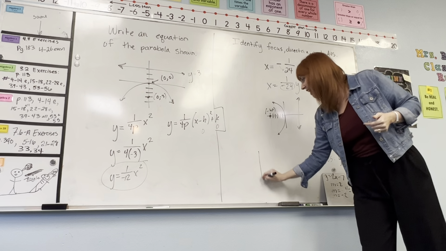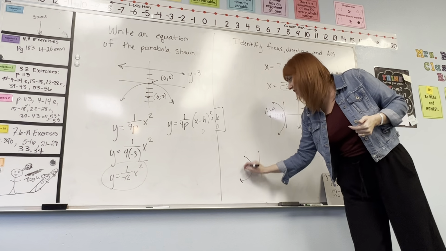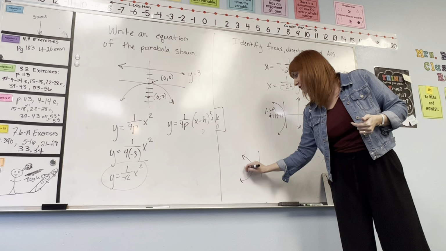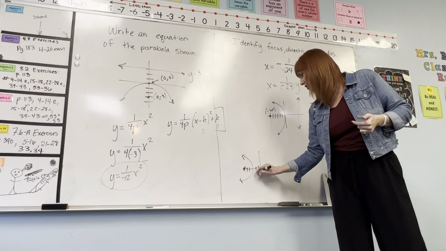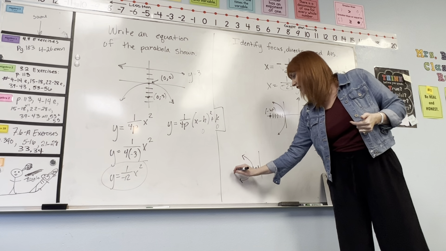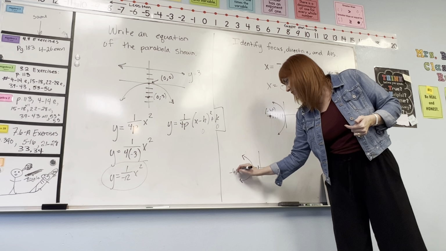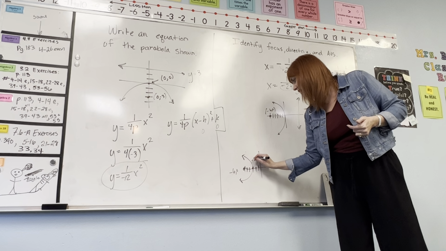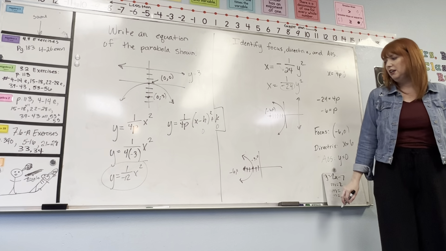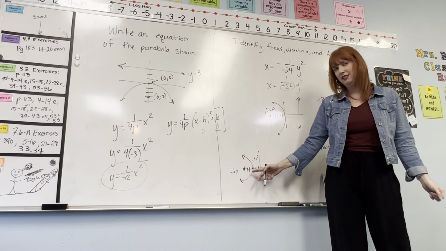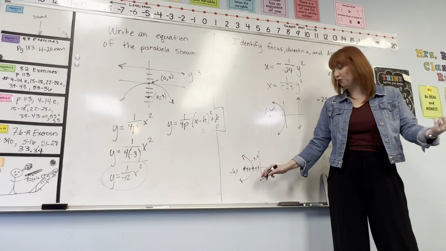Look here, if I had one that was over here, and let's say the focus was at 1, 2, 3, 4, 5, 6. Let's say the focus was at negative 6, 0, and the vertex was at negative 3, 0. Okay? What's P? Negative 3, right?